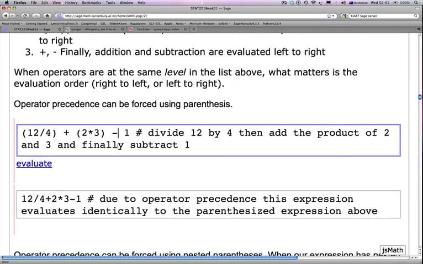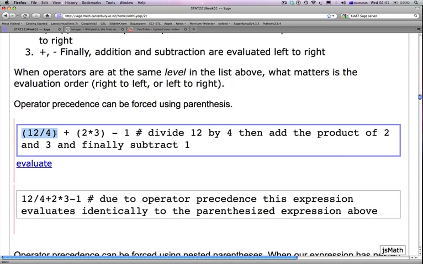This is what I typically do when I'm not aware of exactly what the precedence rules are. Sometimes they can change a little bit from program to program, or from one programming environment to another. So we can put parentheses to force these operations to happen in the way we want.